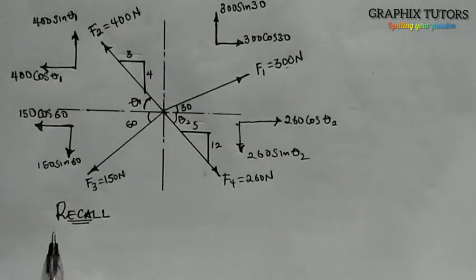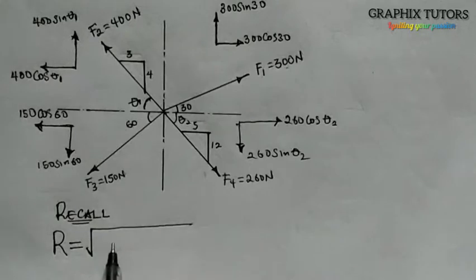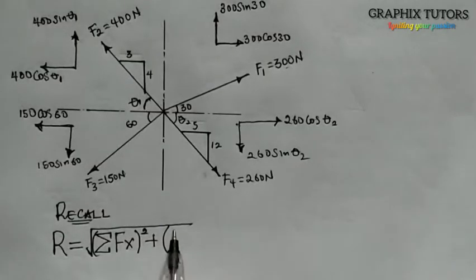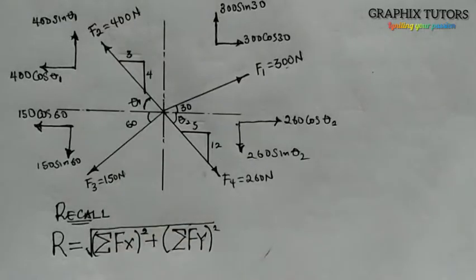The resultant force will give us the square root of the summation of Fx all square plus the summation of Fy all square. Now we need to assemble. Summation means bring all the x forces together, all the horizontal forces together.